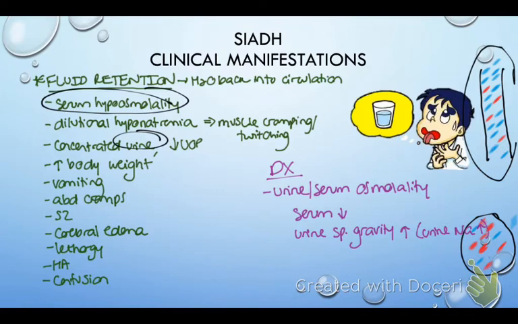I wouldn't worry too much about the number, just know that it's going to be high. Everything in urine is going to be super concentrated because there's not a lot coming out, and everything in serum is going to be diluted because you're retaining it all. Serum meaning like fluid intravascularly. Does that make sense?